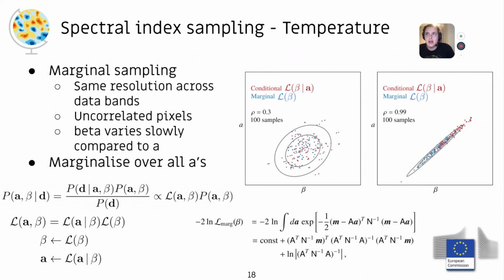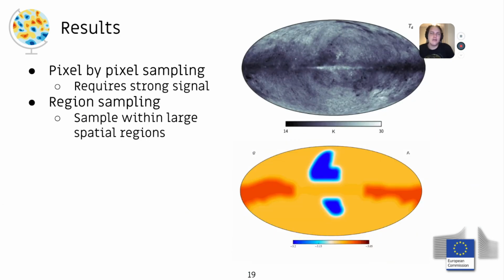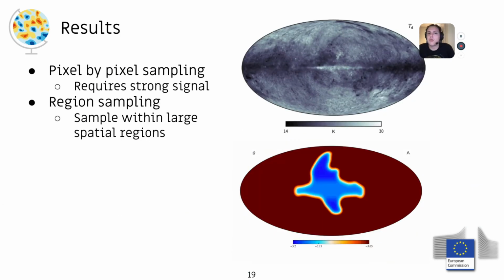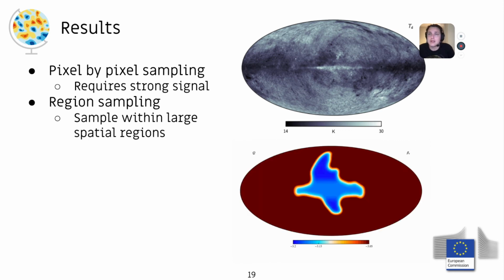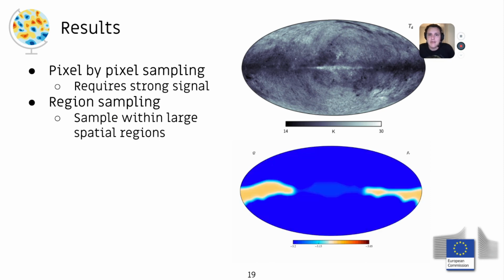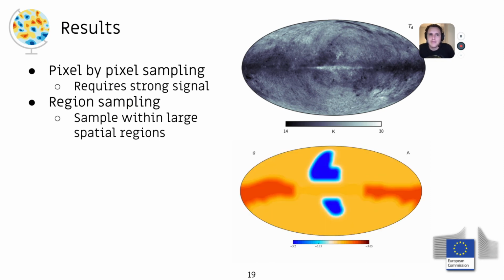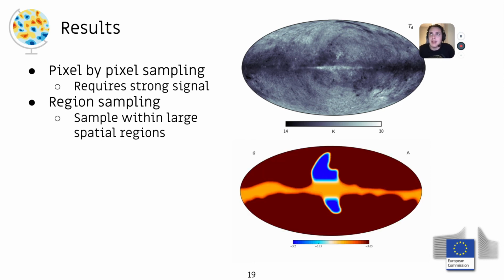So the resulting maps can look quite different. In many cases, we simply sample one uniform value across the full sky so that we have just one degree of freedom. But when our signal to noise allows it, the results can be a lot more detailed.